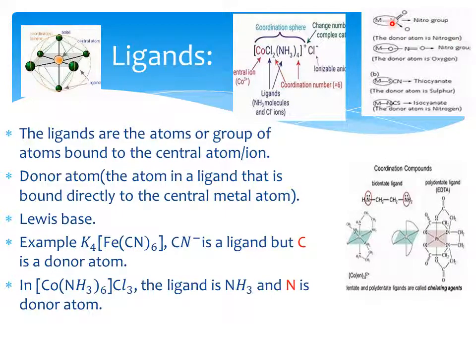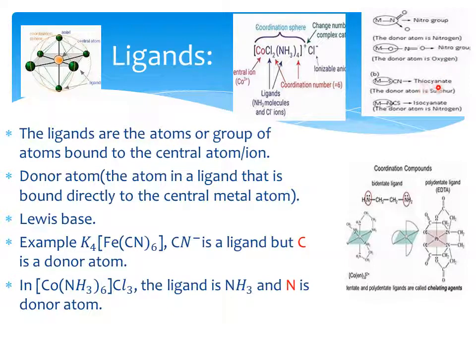If N is donating a pair of electrons to the metal atom, then the donor atom is nitrogen. Likewise, in the other nitro group, ONO, oxygen is donating a pair of electrons to the metal atom, so the donor atom is oxygen.